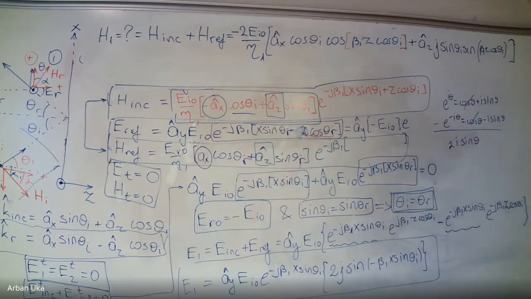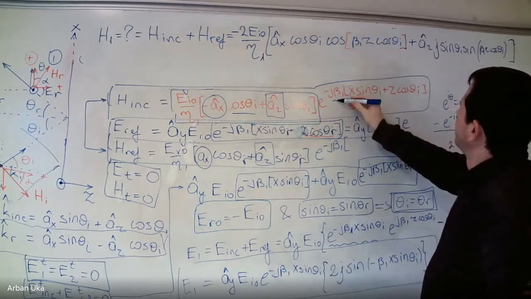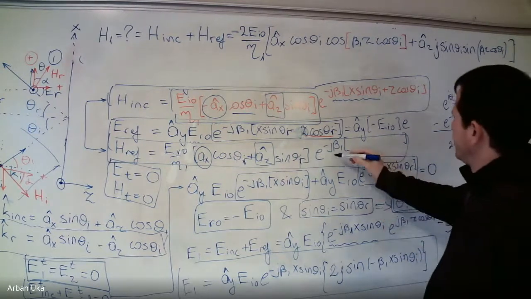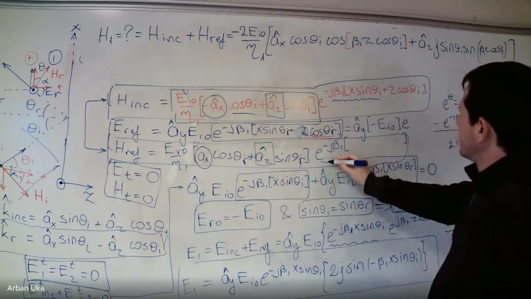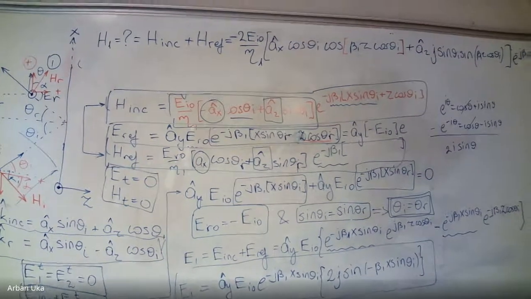Okay. So we have one last term, which is e to the power j beta 1x. The x component will come from here, and this will be e to the power minus j beta 1x sine theta I. Now, it is a good piece of work, actually.